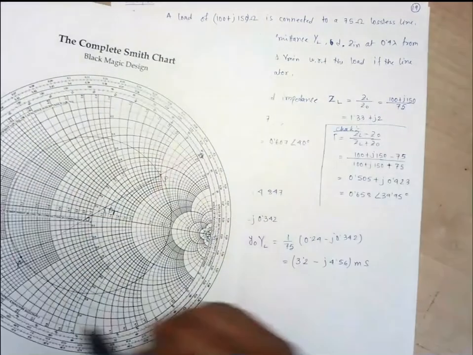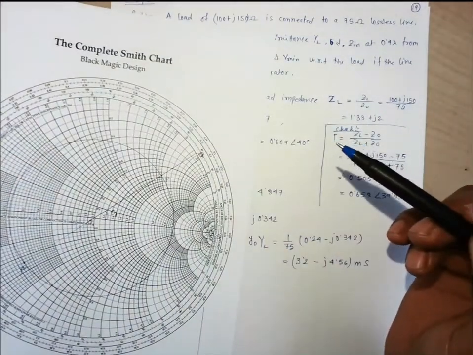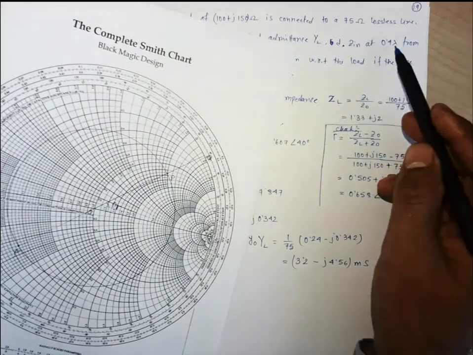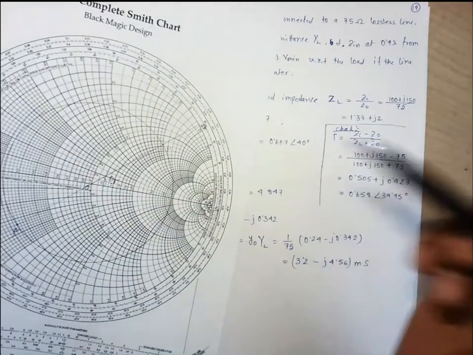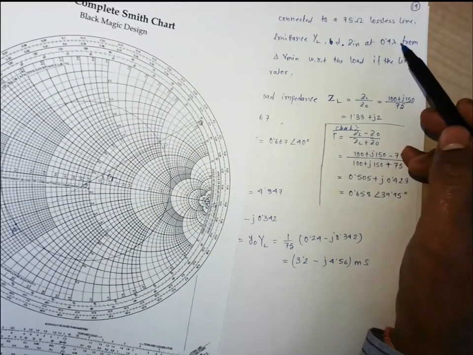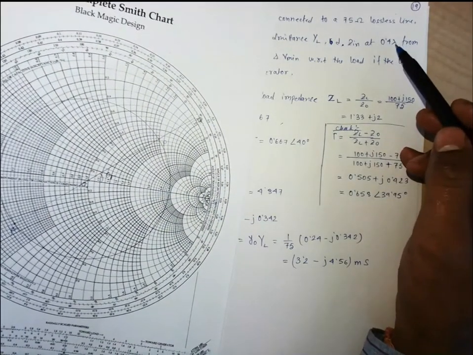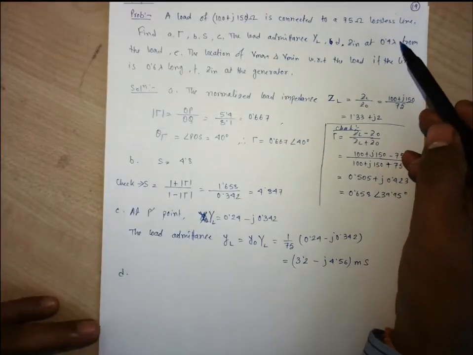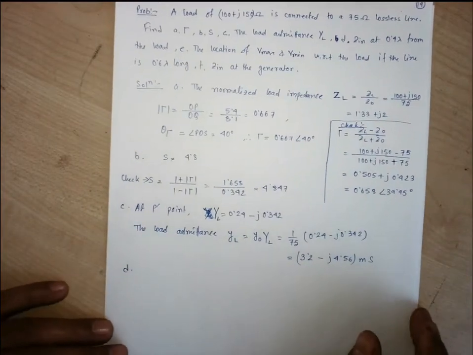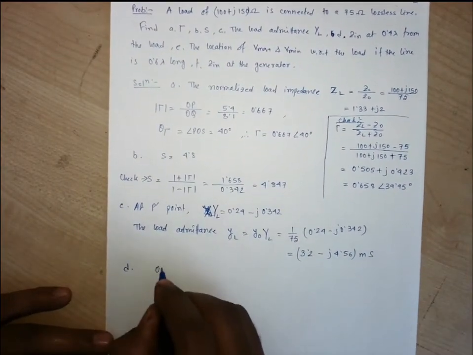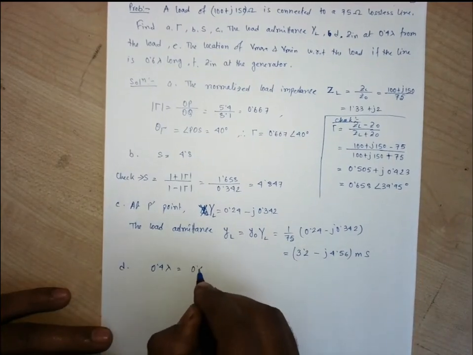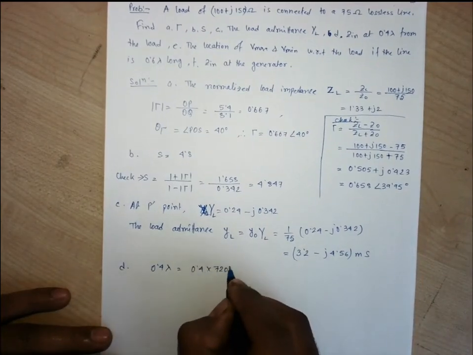As we said, a complete rotation is 360 degrees, but a complete lambda will give you 720 degrees. So we need to move up to 0.4 lambda. In angular form, 0.4 lambda is 0.4 into 720 degrees.